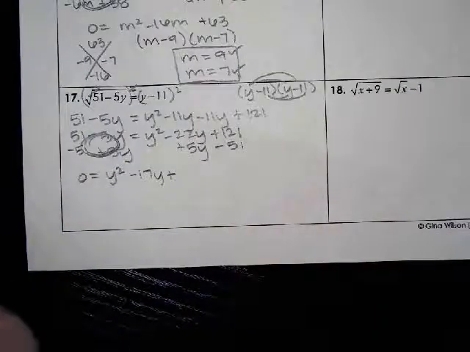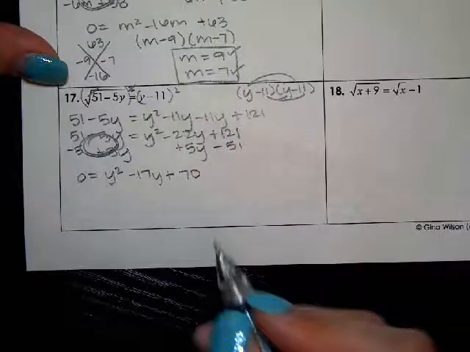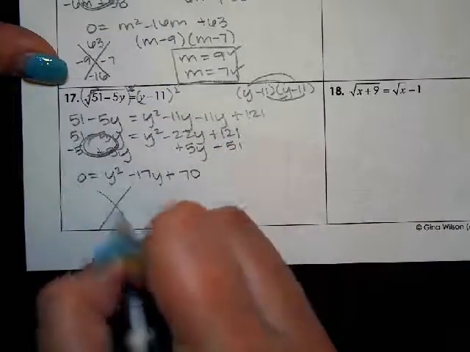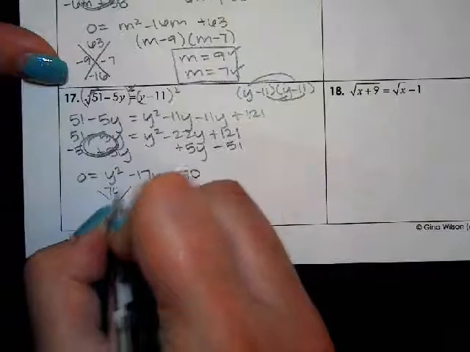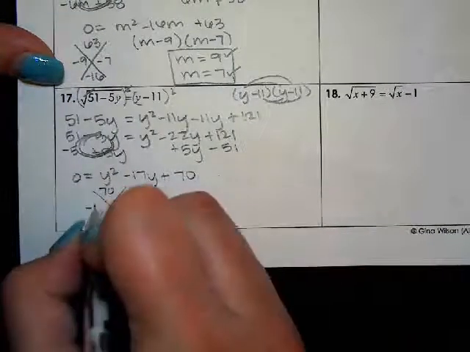So we're looking for two numbers that multiply to positive 70 and add to negative 17. So negative 10, negative 7, y minus 10, y minus 7.